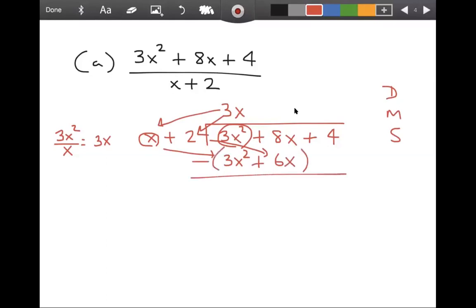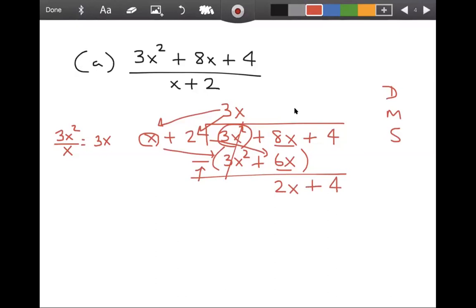Okay. 3x squared minus 3x squared cancels. This first pair of terms should always cancel. 8x minus 6x is 2x. So I'm going to put that 2x here. And then I'm going to bring down the 4.